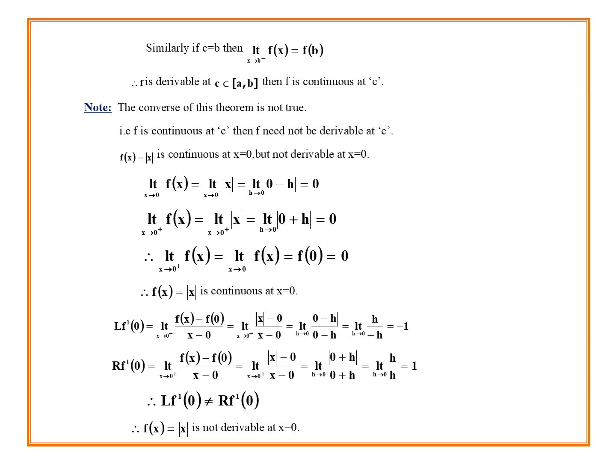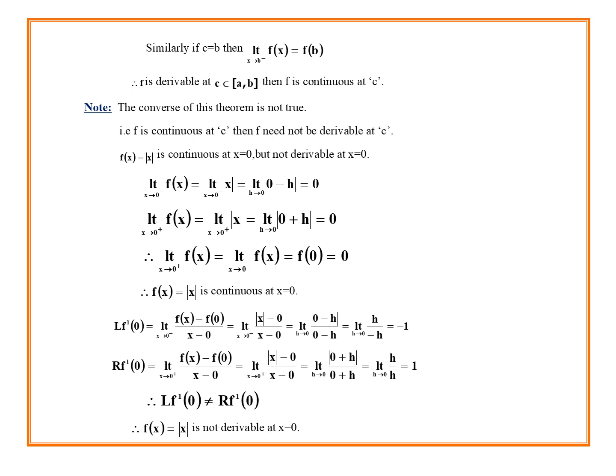Limit x tends to 0 minus f of x, we are finding the left hand limit. Limit x tends to 0 minus f of x is mod x, that is equal to limit h tends to 0 of mod of 0 minus h, which is 0. Limit x tends to 0 plus f of x is equal to limit x tends to 0 plus of the given function mod x, that is equal to limit h tends to 0 of mod of 0 plus h.